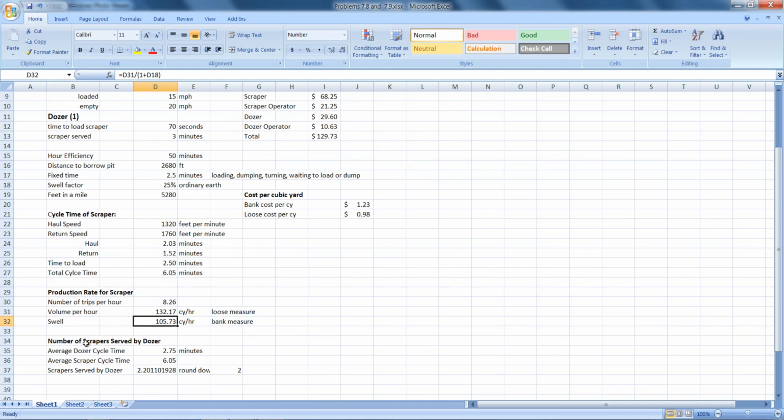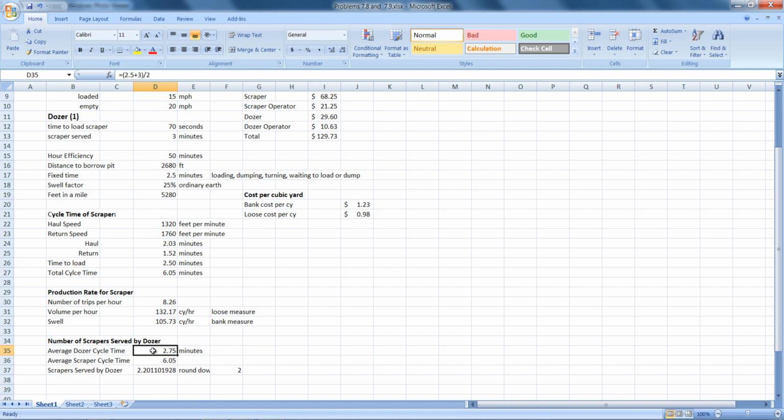So then we're figuring the number of scrapers served by the dozer, which is what they were asking us, and they said that the dozer would work between 2.5 and 3 minutes. So we're averaging it: 2.5 minutes plus 3 minutes divided by 2 gives me 2.75 minutes for the average dozer cycle time.